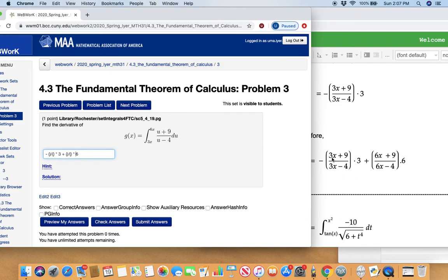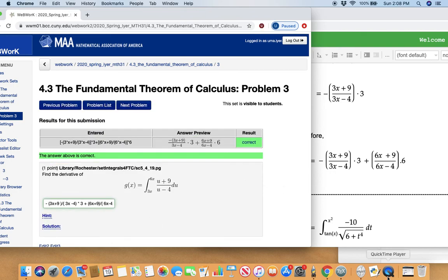Now the first fraction upstairs is 3x plus 9, downstairs is 3x minus 4. Here upstairs is 6x plus 9, downstairs is 6x minus 4. All right, submit. We are good. Until next problem.